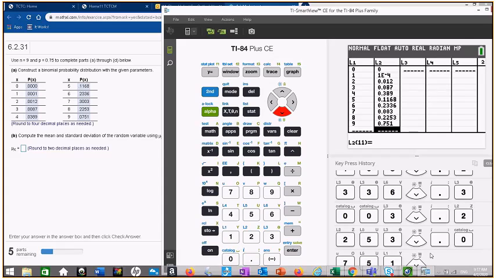Okay, now that's supposed to be 0.0751. About to get aggravated.